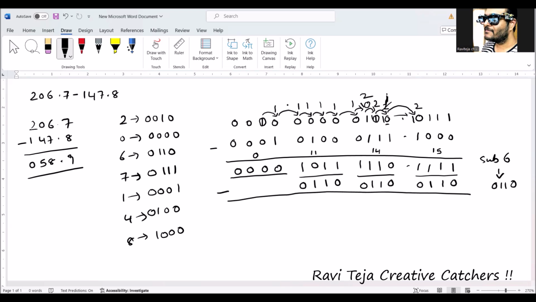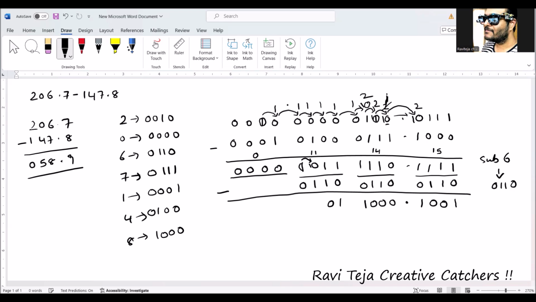What is 1 minus 0? 1. 1 minus 1 is 0. 1 minus 1 is 0. 1 minus 0 is 1. Point. 0 minus 0 is 0. 1 minus 1 is 0. 1 minus 1 is 0. 1 minus 0 is 1. 1 minus 0 is 1. 1 minus 1 is 0. 0 minus 1, we need to borrow 1 from here.